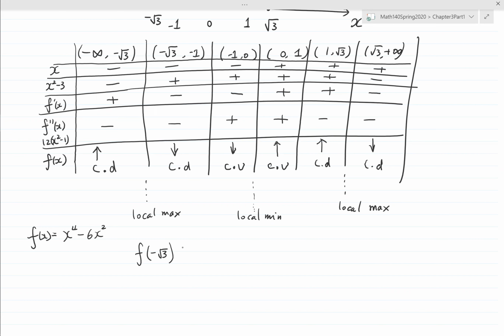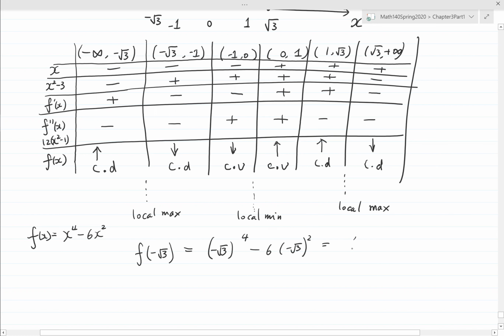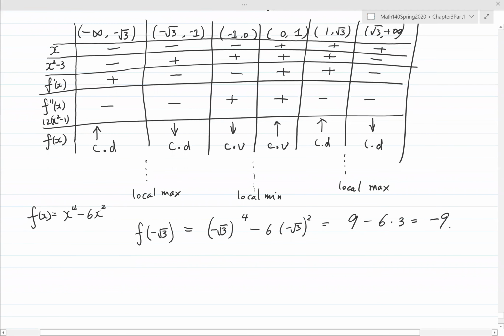An even function is symmetric with respect to the y-axis. So plug in root 3: root 3 to the power 4 minus 6 times root 3 squared. So it's 3 squared, which is 9, 9 minus 6 times 3, so it's 9 minus 18, which is negative 9. So the local max is negative 9.